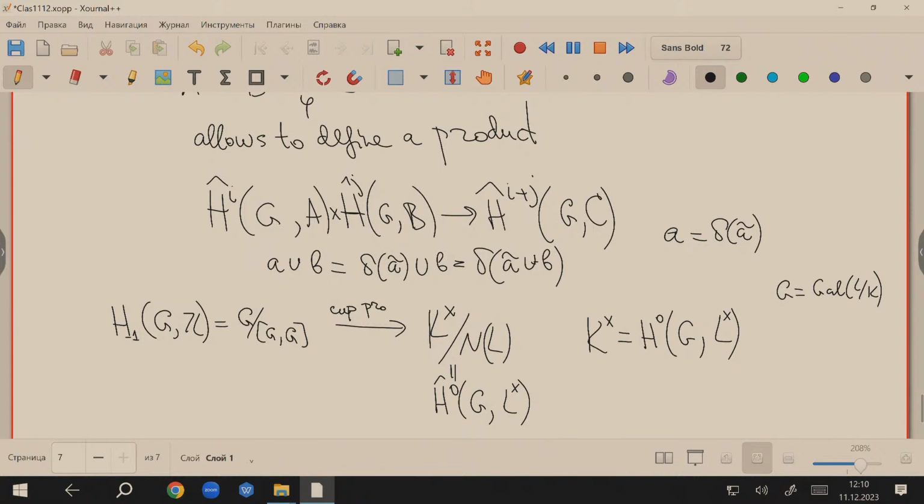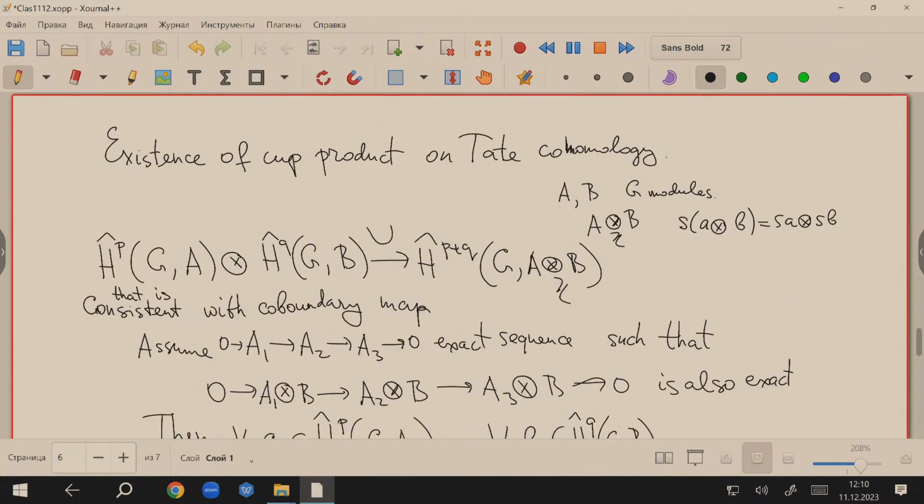So this is cup product with some fixed class that we will specify. And that's why these things are quite important.